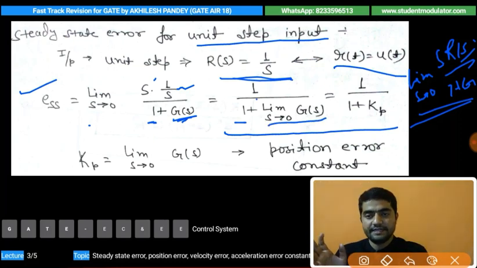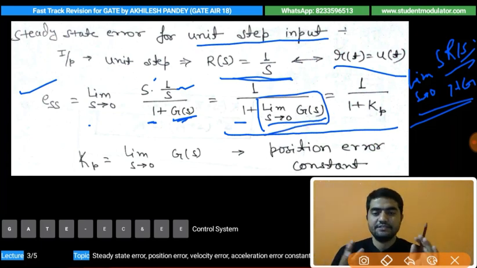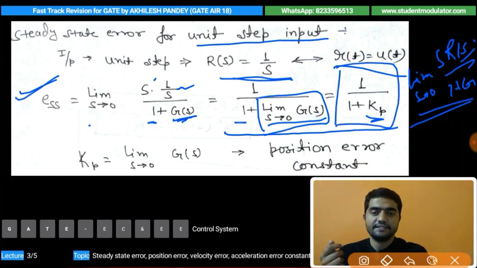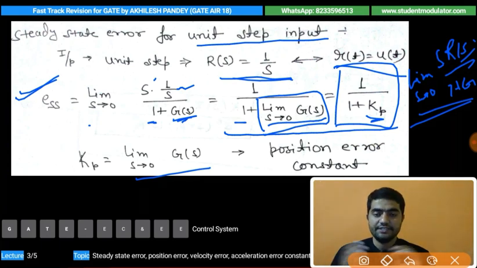So overall we can have this value separately, and that separated value will be called the constant, that is the position error constant. And so we can write the steady state error as 1 by 1 plus Kp, where Kp is the position error constant, defined as limit s tends to 0 Gs. So that's it. This is the derivation of the steady state error for unit step input.